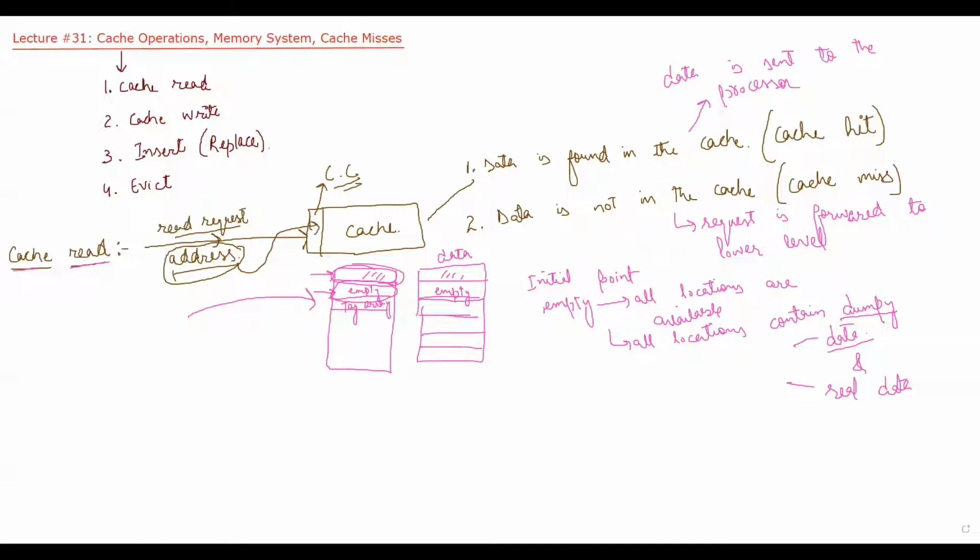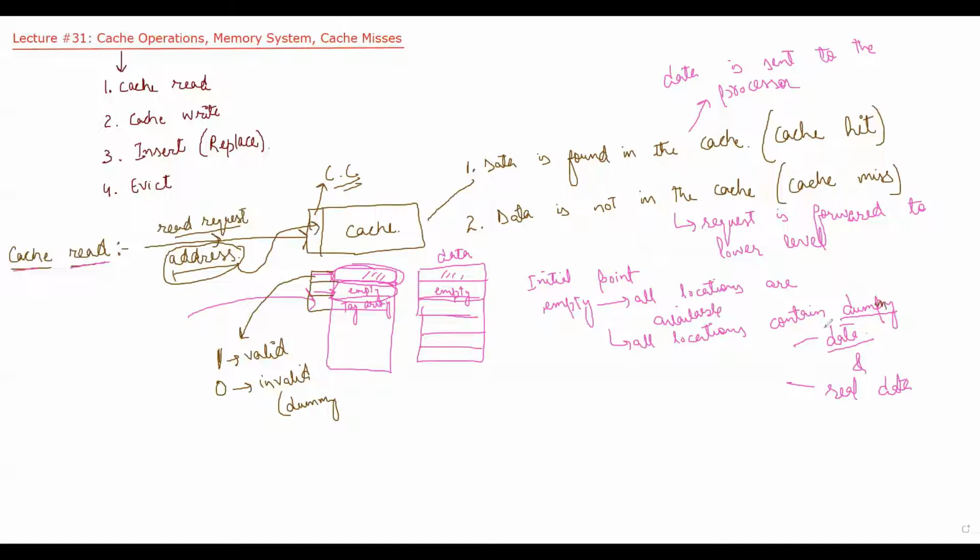So there is no way it can know by this information. It can know if with every tag entry, it has an extra bit. And if the value of this bit is 1, 1 means the data is valid. If this value is 0, it means the data is invalid. Invalid, we can say the data is dummy data.